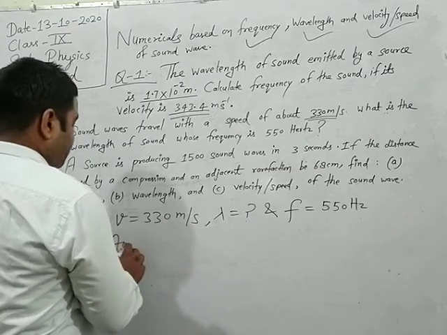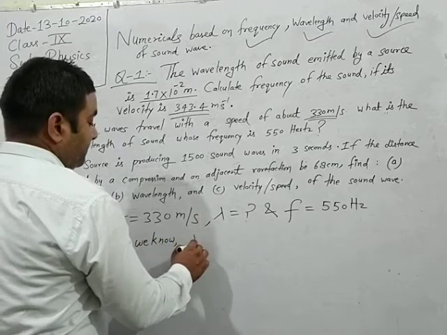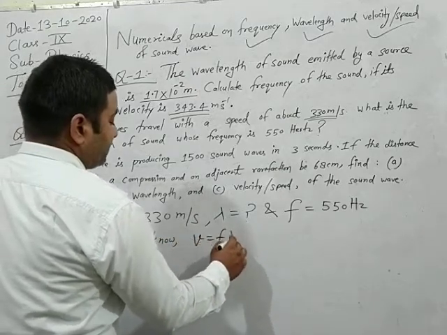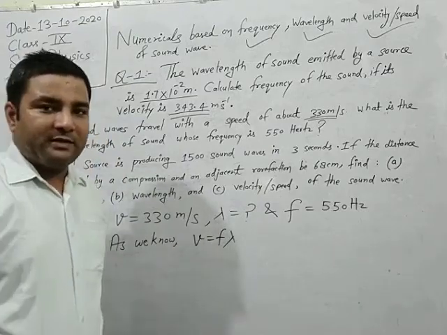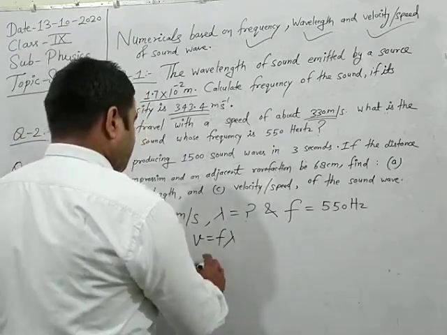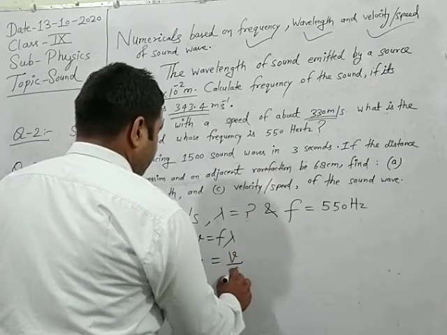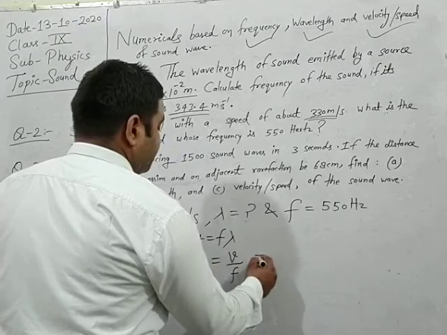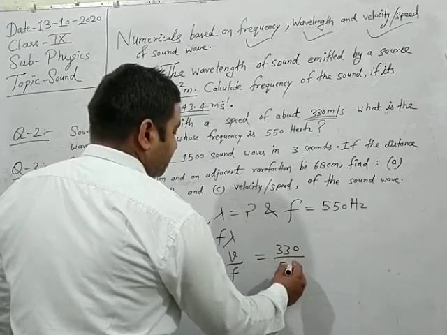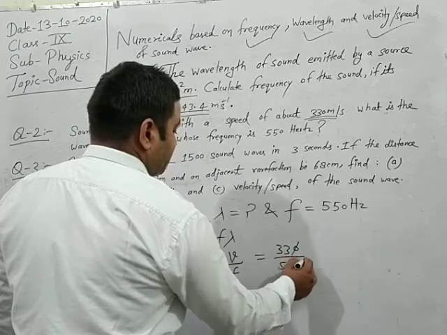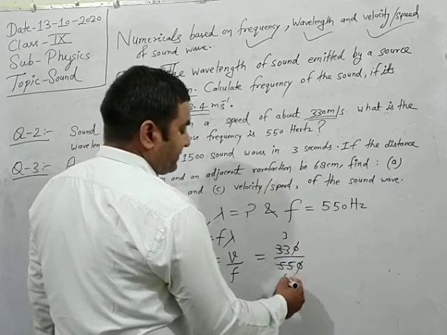So by using the equation, as we know, v is equal to f lambda. Speed is equal to frequency into wavelength. Then we have to calculate lambda. So lambda is equal to speed upon frequency. Speed value 330 and here frequency 550. 0 cancels, and 11 3s are 33, 11 5s are 55.